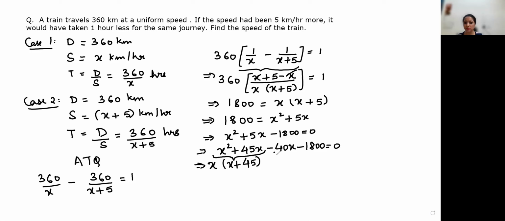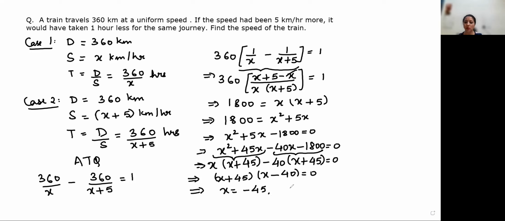And in the next two terms, we will take minus 40 common. So we are going to get x plus 45 again. Now further, we will take x plus 45 common. And we'll be left with x minus 40 in the next bracket. From this, we can conclude that x is either minus 45 or x is 40.